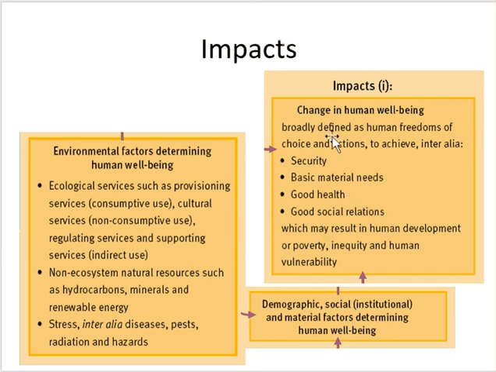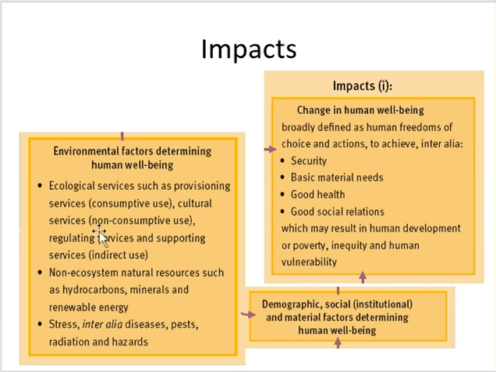How are these things, which you would recognize as some of the main components of human well-being, being disturbed by these impacts which are disrupting ecosystem services? Okay? These will impact on demographic, social, institutional, and material factors which also influence human well-being.